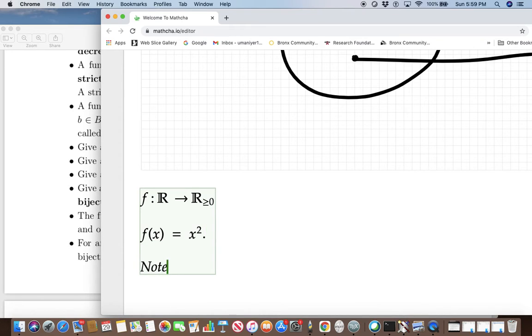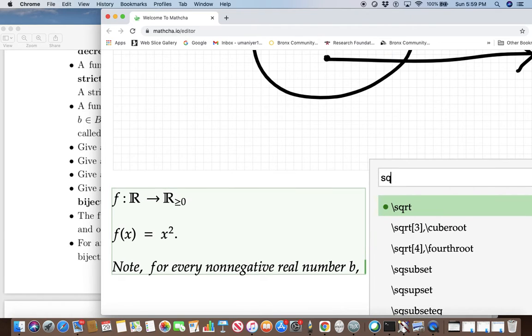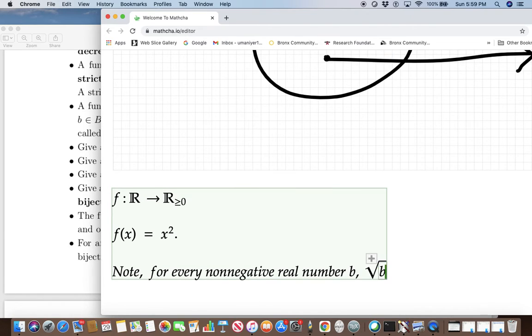Note, for every non-negative real number b, square root of b is a real number.